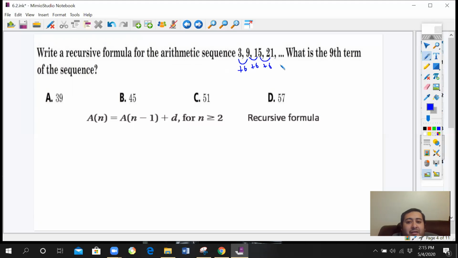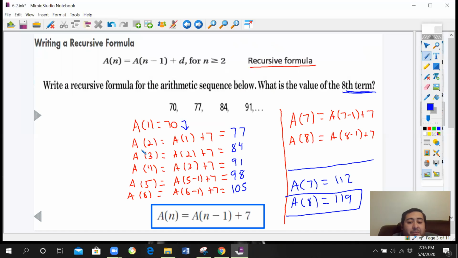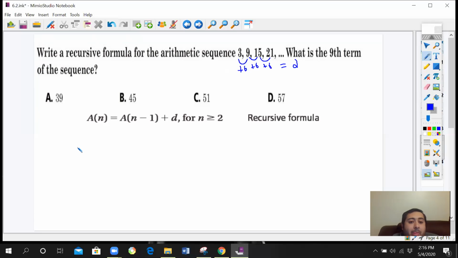So that adding 6 is going to be your difference, your d. We already know that this is your first, second, third, and fourth term. Based on the previous example that we did, we could follow along with these numbers.